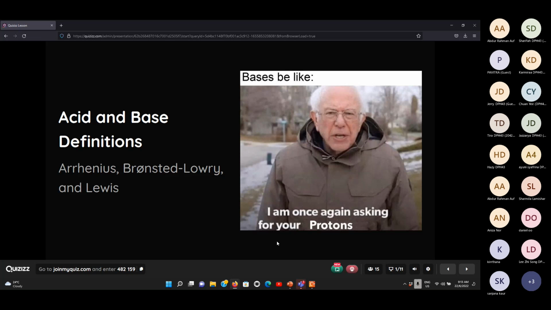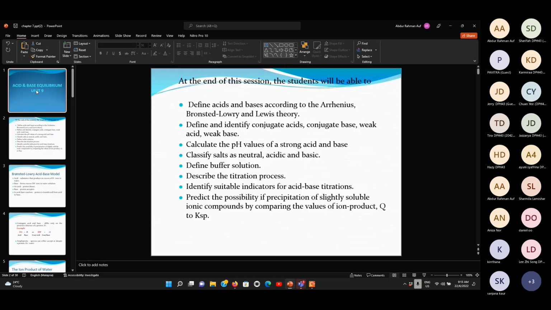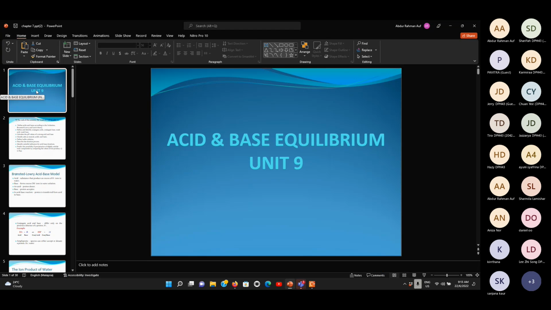I haven't uploaded this lecture note yet, I just updated it. The title of this lecture note is acid and base equilibrium. Equilibrium basically means acid and base is not a separate thing.